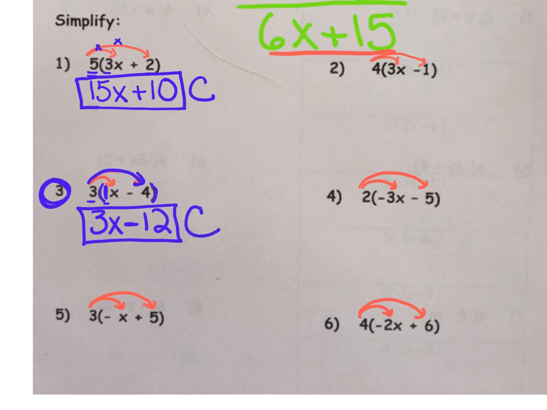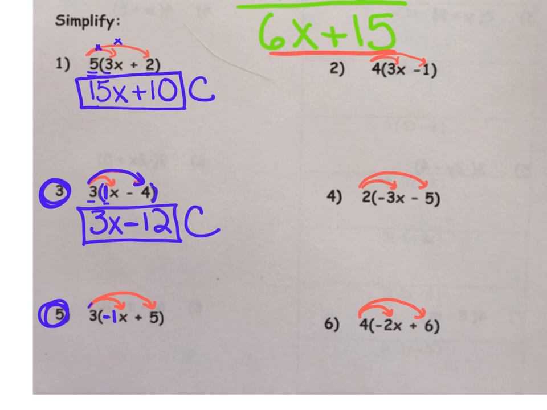One more together. Number 5. Once again, when you see a single x, please put a 1 in front of that x. In this case, it's a negative 1x.